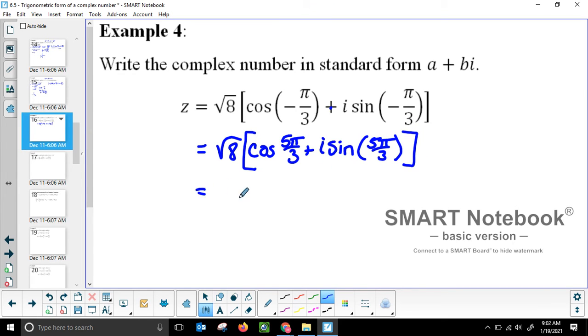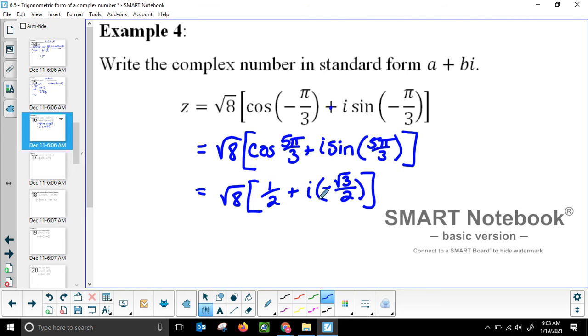All right, so now we look at our unit circle, and we say, okay, well, what is the cosine of 5 pi over 3? All right, and that happens to be 1/2. All right, and what is the sine of 5 pi over 3? That happens to be negative square root of 3 over 2.